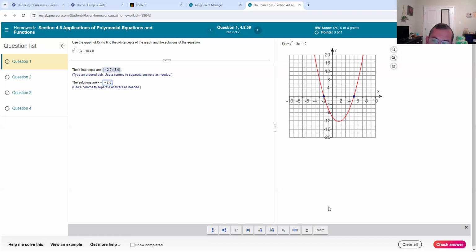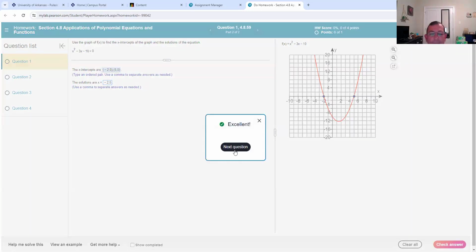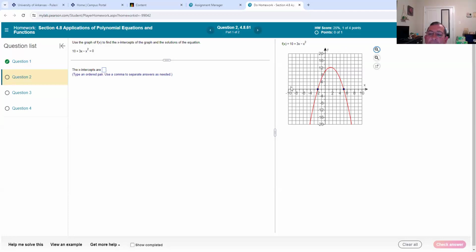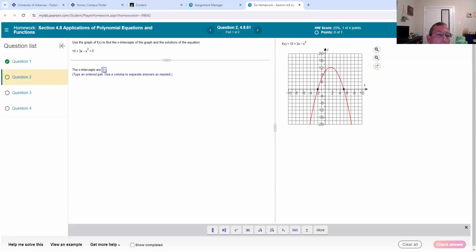Y'all, what they want y'all to realize is that graphing a parabola, you can find these solutions by looking at these x-intercepts, okay? So y'all watch this. We hit answer. So I'm gonna make this bigger. Y'all tell me, what are my x-intercepts?